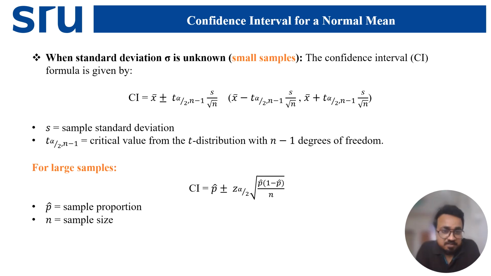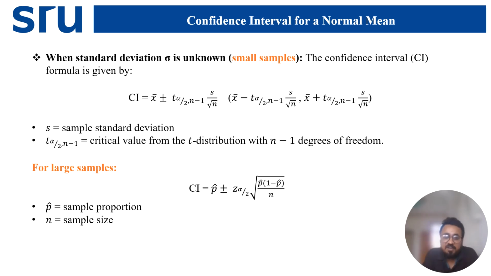Now we will discuss finding the confidence interval for a normal mean when the standard deviation sigma is unknown. First we will discuss it for the small sample, then for the large sample.